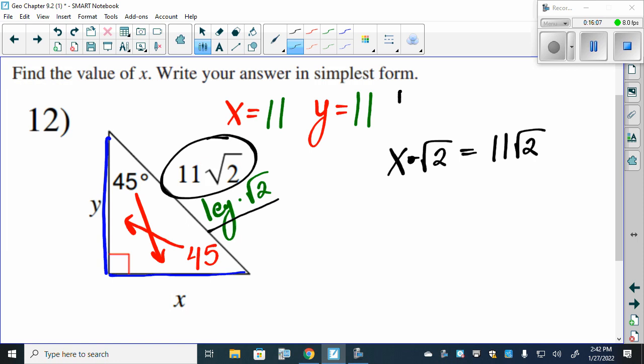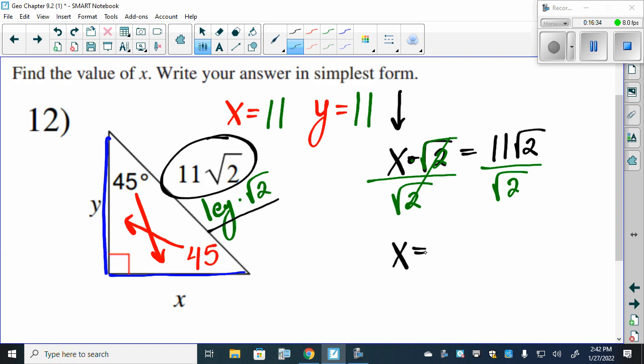Now we want to find what? We want to find the value of x. Well, if I want to get x by itself, what would we need to do? Well, it's being multiplied by what? To get rid of it, I would have to divide by the square root of 2, because anything divided by itself is 1.